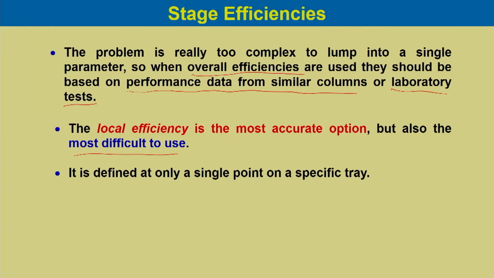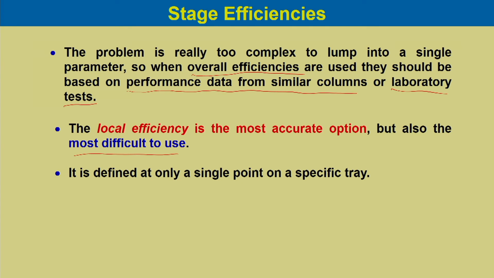This point efficiency is very difficult to use, because you have so many locations in a tray and so many trays. Although it is the most accurate, it only calculates the efficiency at a single point.